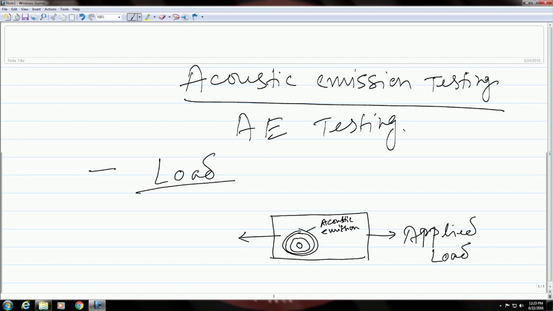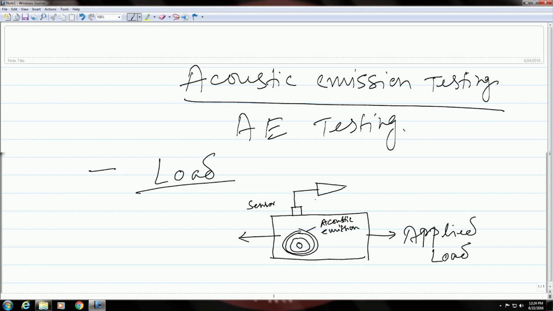Now, if you have a sensor over here which can sense these waves coming out from the sample, then you would be able to collect them. The first thing that you need to do in order to collect and then utilize them is to amplify them, because generally the intensity of this kind of emission will be very low.